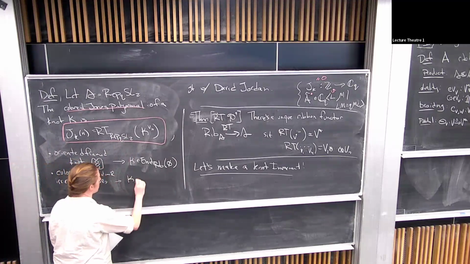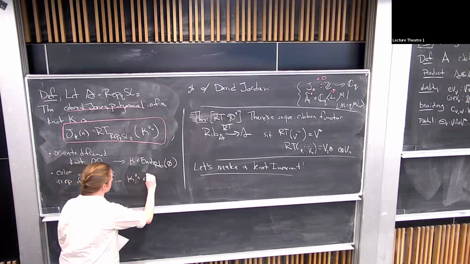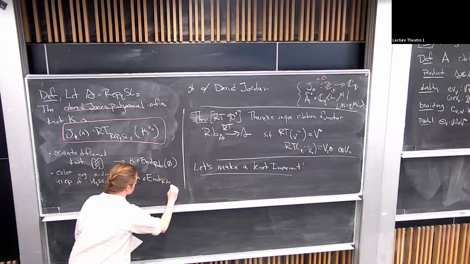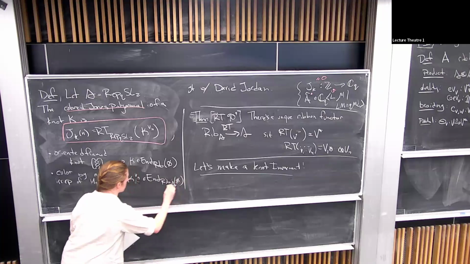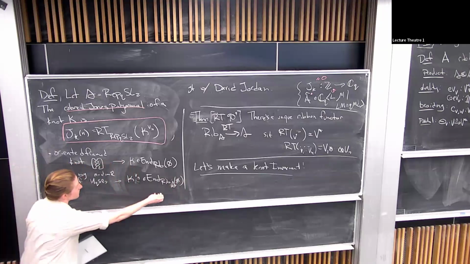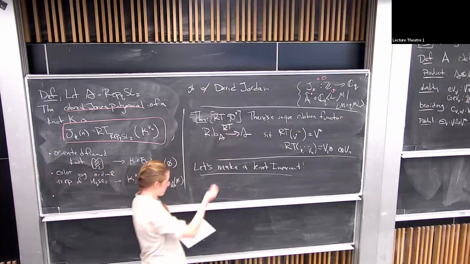So what I wrote up is pi V_n. So now this is still an endomorphism, but it's in this colored ribbon category. Now I'm in the setting where my Reshetikhin-Turaev functor makes sense.